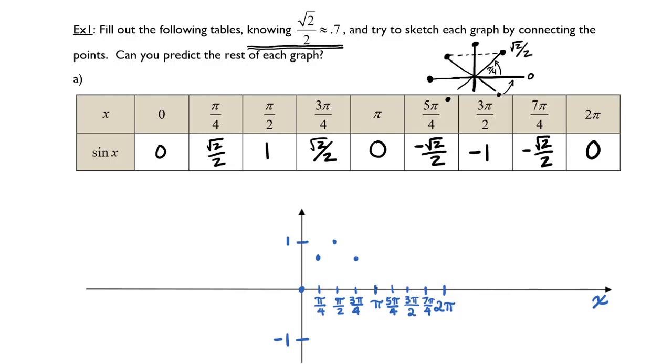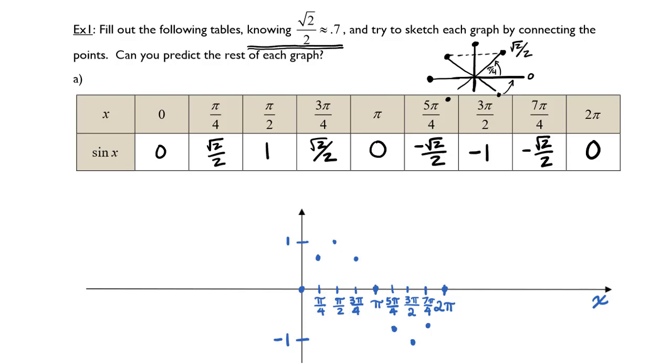At pi, I'm at 0. At 5 pi over 4, I'm at negative 0.7. 3 pi over 2, I'm at negative 1. 7 pi over 4, I'm at negative root 2 over 2 again, or negative 0.7. And at 2 pi, I'm at 0.